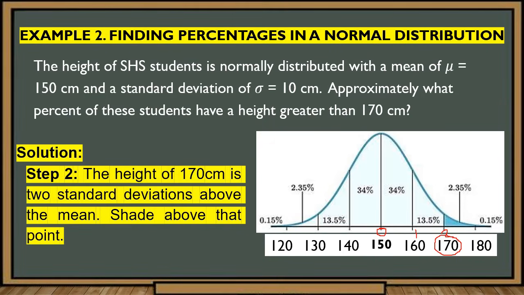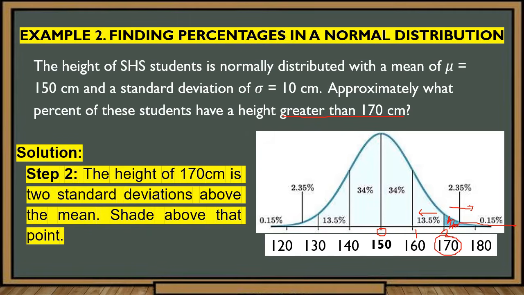Next, we're going to shade above the 170 centimeters. Why? Because we're interested in height greater than 170. So, saan ba natin makikita yung mga values or yung mga height na mataas kaysa sa 170? Sa kanan ba? Or sa kaliwa? So, of course, the values that are greater than 170 are found here, to the right of 170 or above 170.